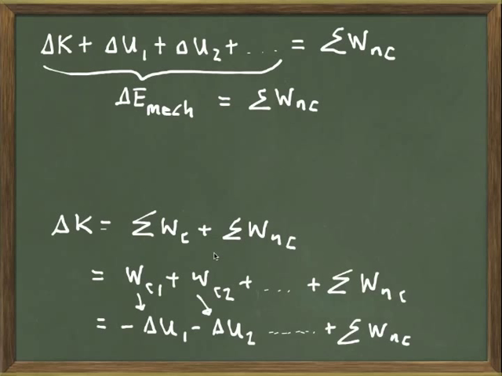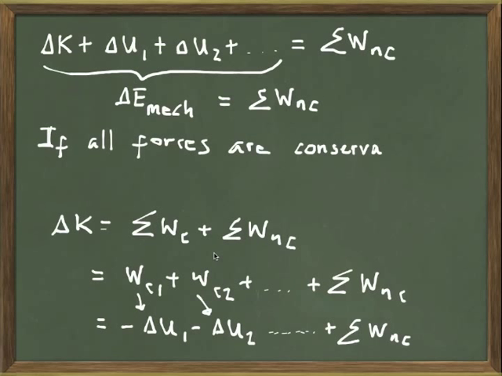So that equation is saying that the change in the mechanical energy of a system is only due to the non-conservative forces, because the conservative forces have a potential associated with them, and we take care of them with the potential energy. So if all of the forces acting on your system had been conservative, that means there are no non-conservative forces, meaning we don't have any external forces pushing on the system.